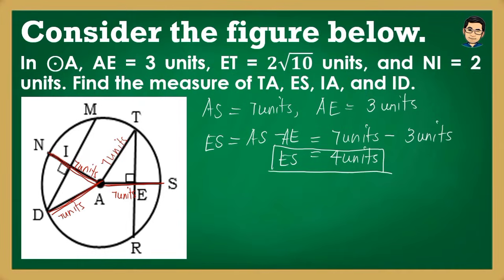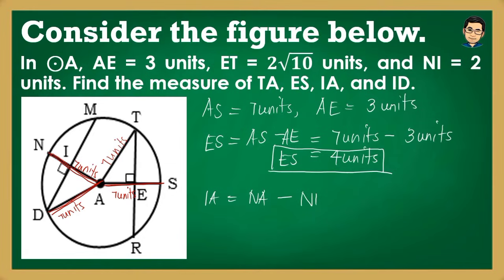What about IA? Okay. So, to find the measure of IA, just simply subtract the measure of NI to the measure of NA. So, yung NA po kasi dyan is also the radius of a circle, of the circle A. So, mangyayari NA minus NI.